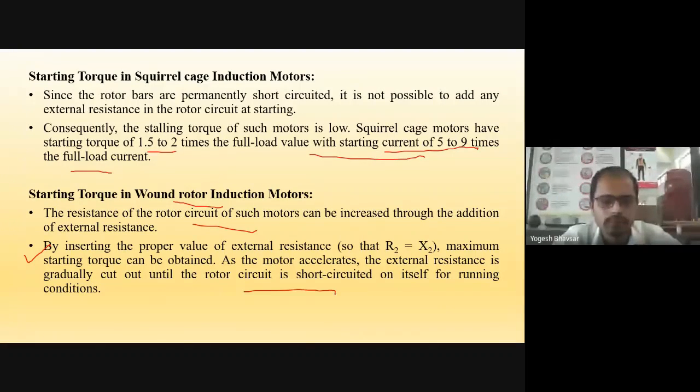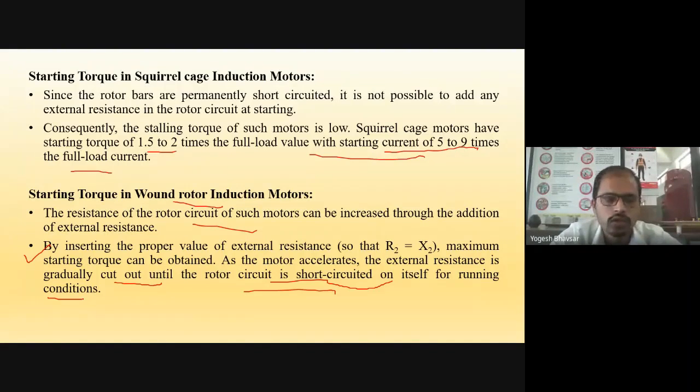When the motor accelerates, the external resistance is gradually cut out until the rotor circuit is short circuited on itself for running condition. So starting torque motor start झाली, accelerate झाली की तो resistance हळूहळू कमी होतो, कमी करतो आपण, आणि शेवटी तो 0 होतो आणि एक मेटल कॉलर असते त्याने तिन्ही टर्मिनल्स शॉर्ट, so that we can reduce the frictional losses.